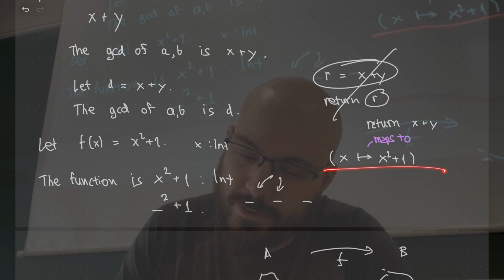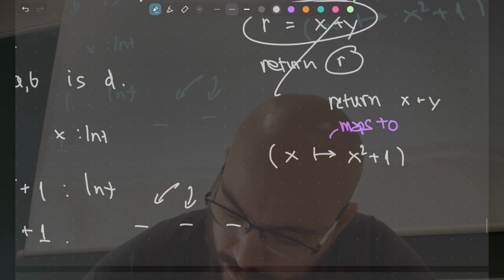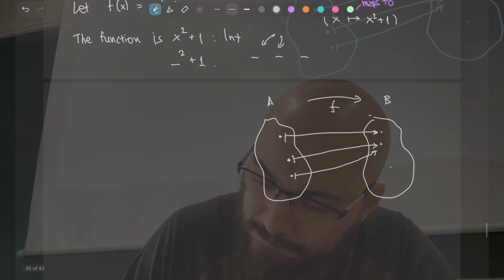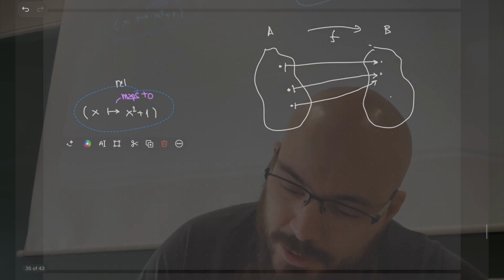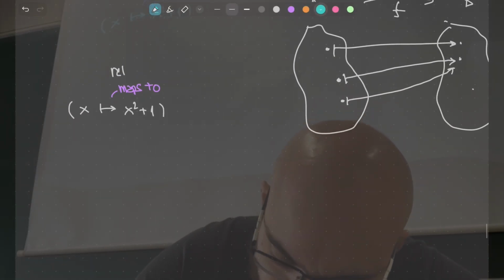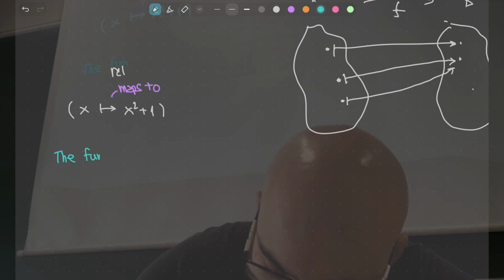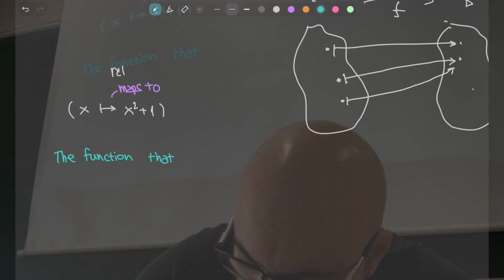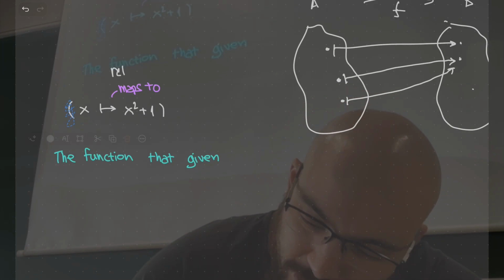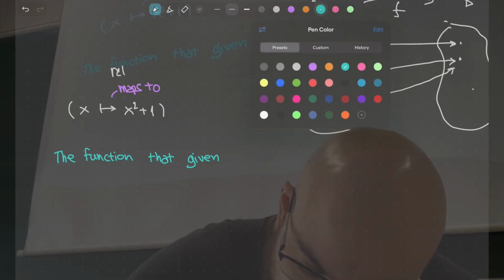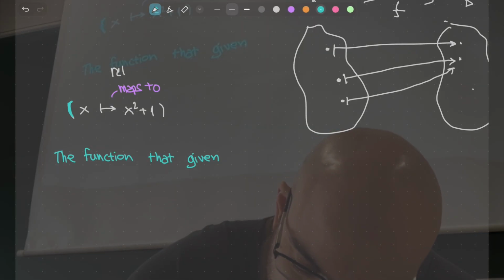And how do we read this? We read it in a kind of complicated way. I'll take this here. So this would be something like, how do I pronounce this? Function that given, everything I have written so far is just the pronunciation of this thing, okay? This open parenthesis, okay?